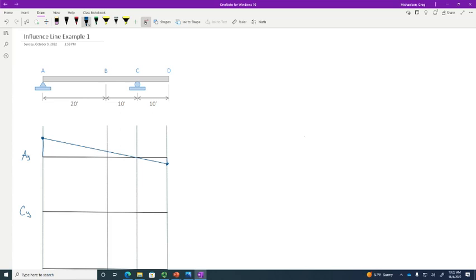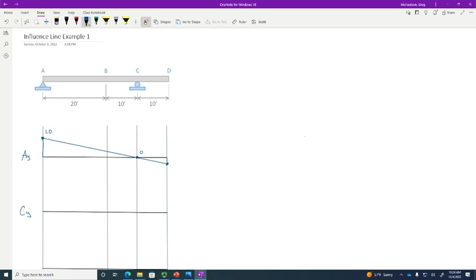Before we move on, I want to take a step back and see, does this make any sense? Okay. What's this value right here? What about that value? Simple. This is 1. This is 0.